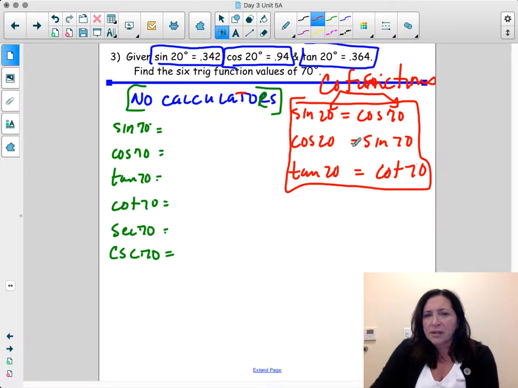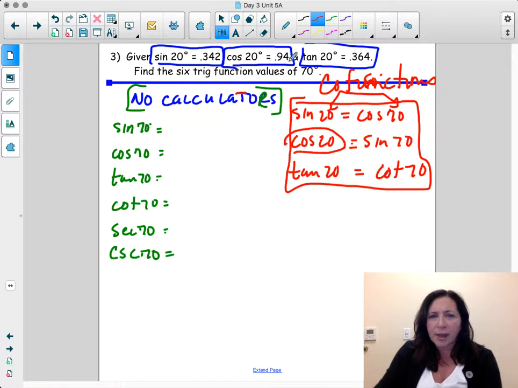You know this. And if you know that, okay, you can answer all these problems because you know that sine of 70, well, that equals cosine of 20. I have cosine of 20, it's up here. And so cosine of 20, which is sine of 70, is 0.94. Now, cosine of 70, that's right here. Well, what does that equal?